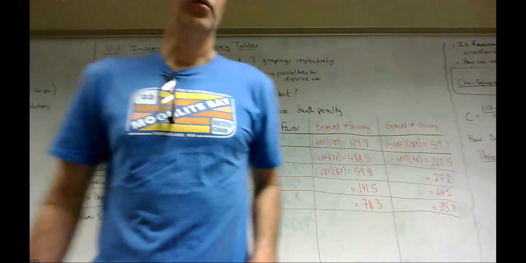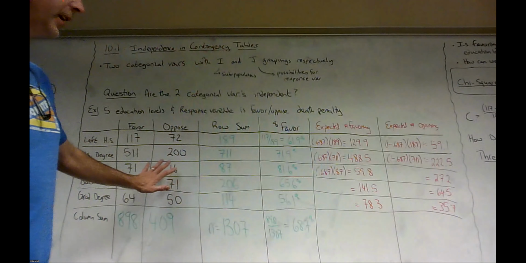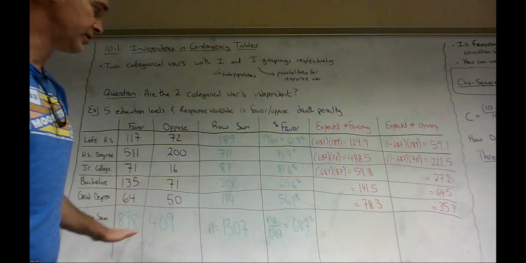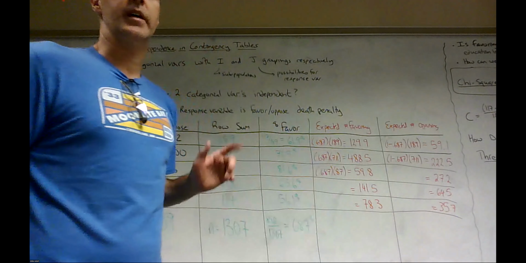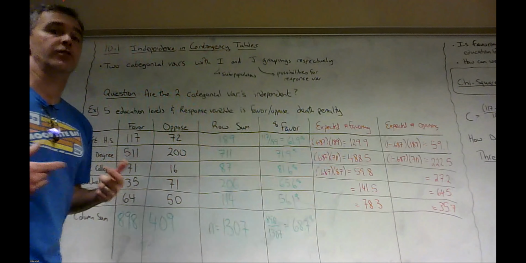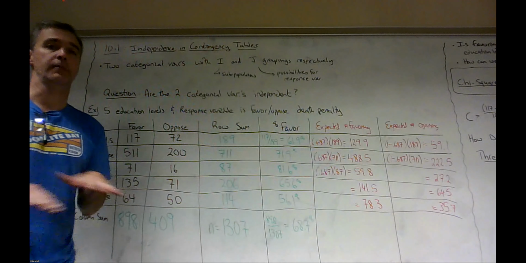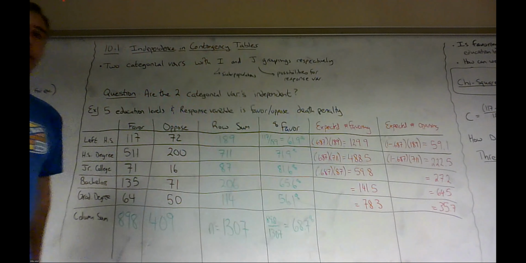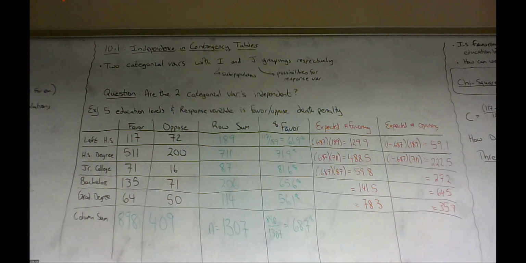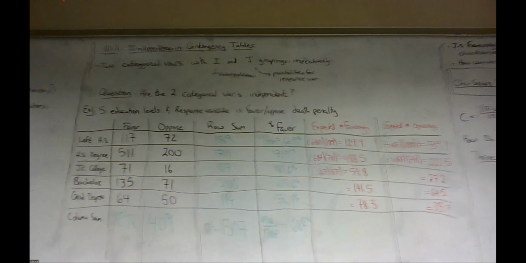All right, so black is the original data, green is just computations in the original data, and then red is what we should have expected were favoring the death penalty and education completely independent of each other. So you need to have this down before I slide over. Make sure you copy that down, and then we'll slide our way on over.